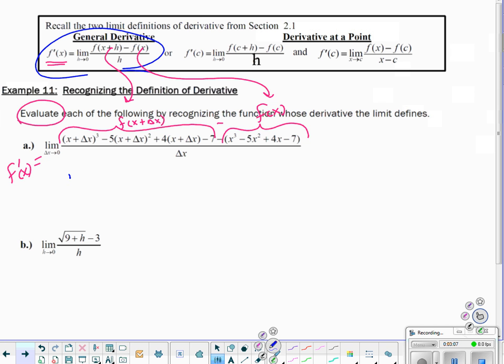So be a little detective and let's try to figure out what the original function was. What did we plug x plus delta x into? Well, all of this would have been just big x's that x plus delta x replaced. So I would think my function was x cubed minus 5x squared plus 4x minus 7.